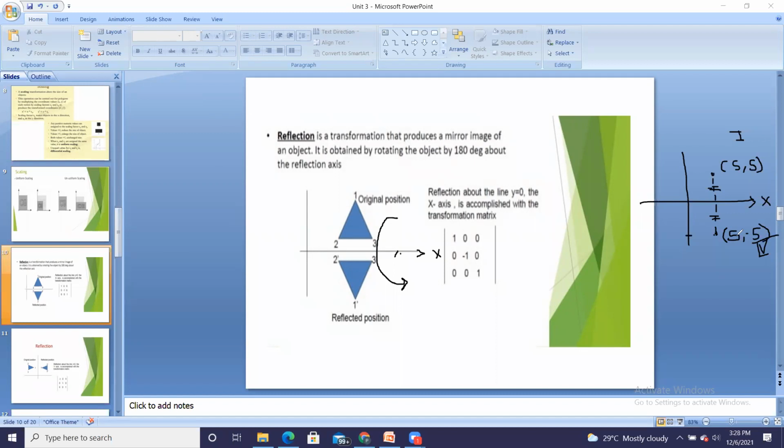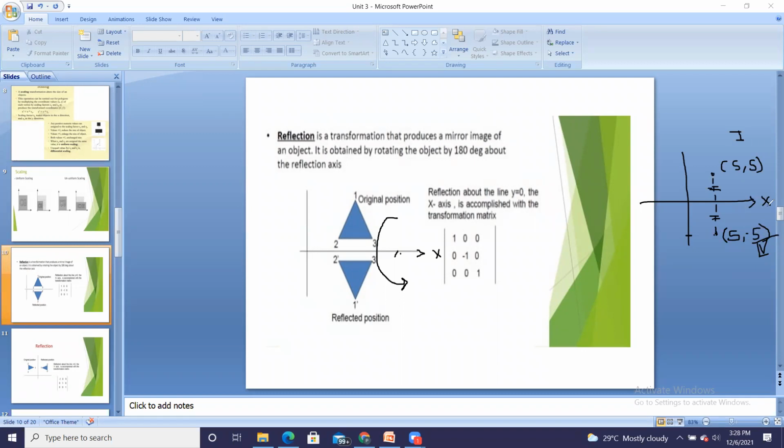So if you see, whenever I want to carry out the reflection along the x-axis, x remains as it is and only the sign of y is changing. The magnitude remains as it is, 5 remains 5, but plus 5 will become minus 5.